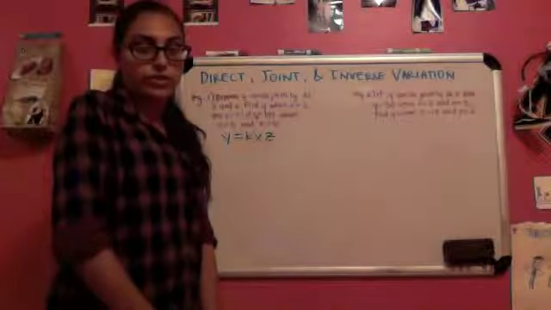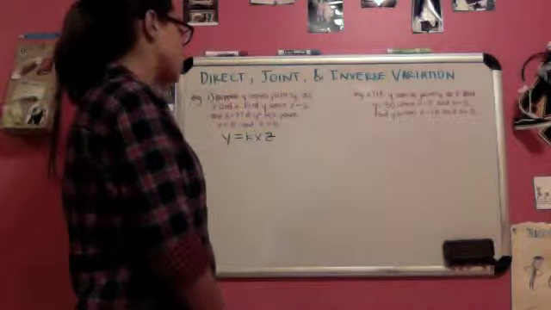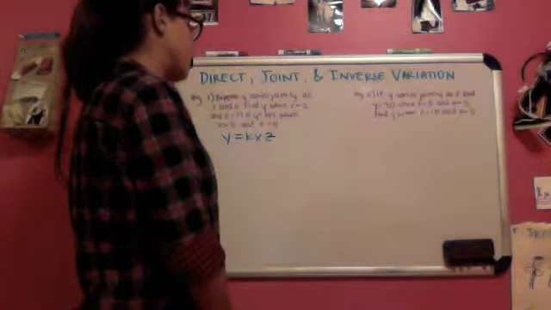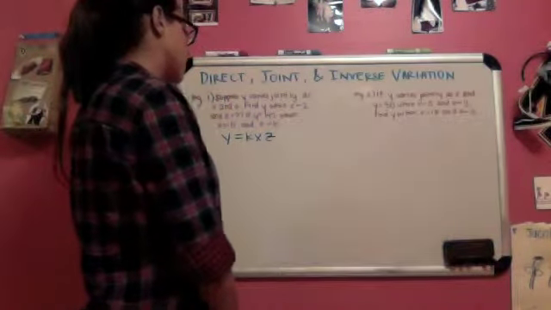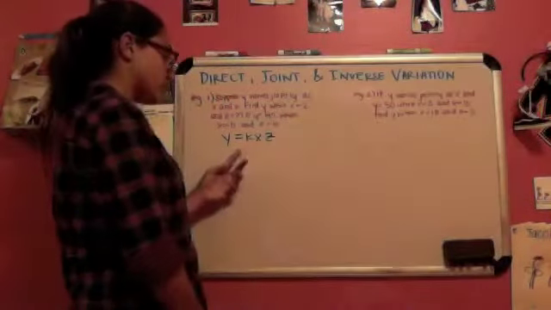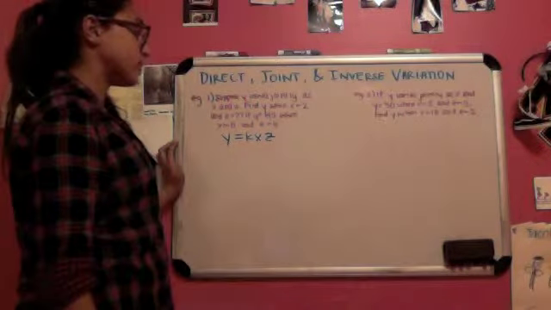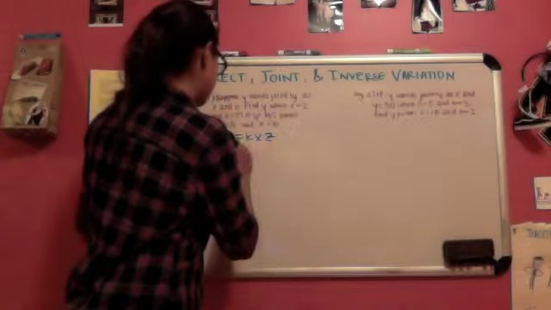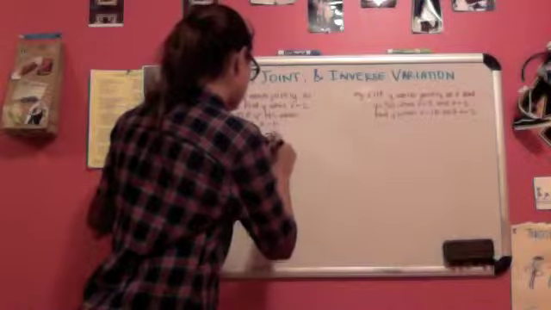Now that we know what joint variation is, we have to do some examples, and the first one says, suppose y varies jointly as x and z. Find y when x equals 2 and z equals 27 if y equals 192 when x equals 8 and z equals 6. So we start by writing out the equation, y equals kxz, and plugging in all the numbers for the variables. So it's 192 equals k times 8 times 6.